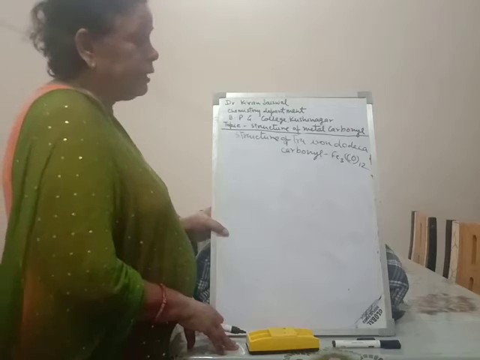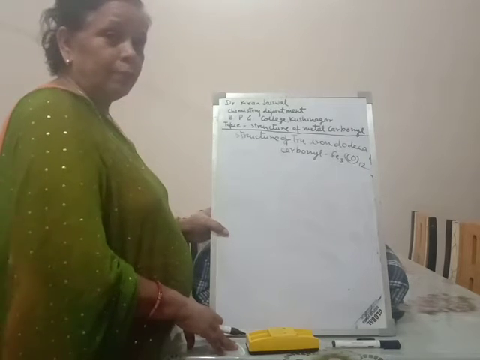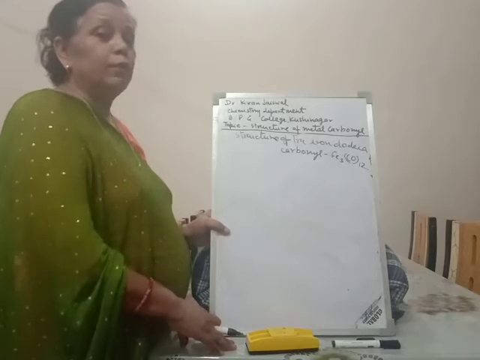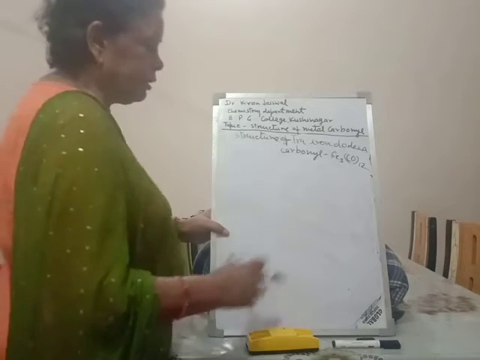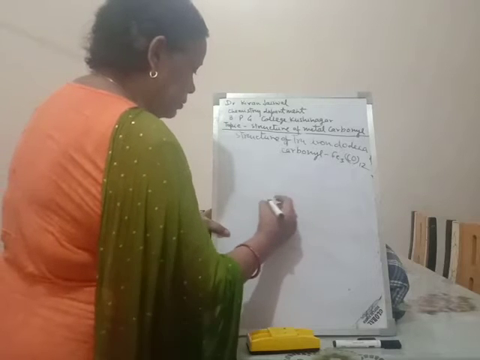It is like the structure of Fe2(CO)9, where one of the bridging CO ligands has been replaced by Fe(CO)4. It can be written as this.